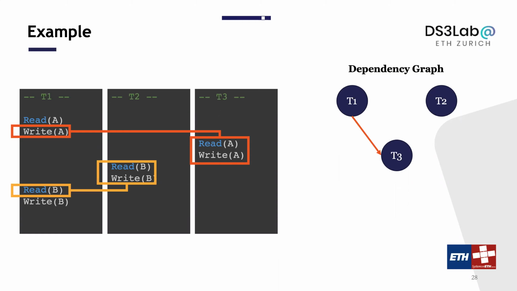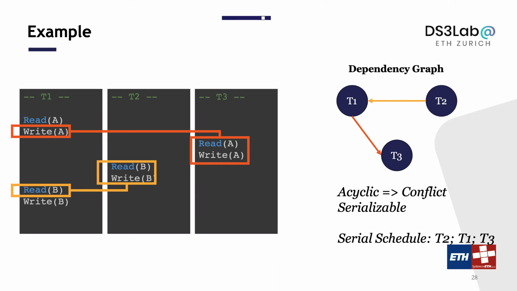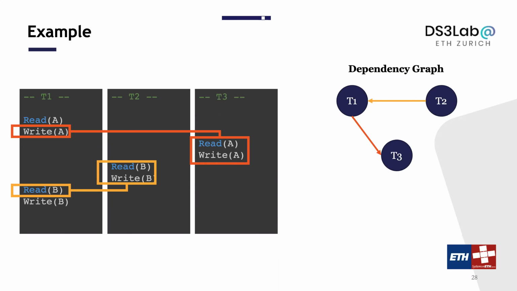And then I have this one, which introduces one edge from T2 to T1. And that's it, that is all the conflicts I have. Of course, the first read A also conflicts with this write A, but that introduces the same edge from T1 to T3.